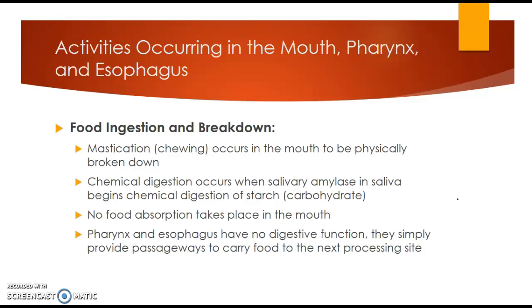For example, if you took a cracker and chewed it for an obnoxious amount of time, the salivary amylase would start to make the cracker taste really sweet because you're actually breaking it down into those simple sugars. No absorption is taking place in the mouth, but we're definitely doing, like I said, ingestion, the breakdown, and then moving the food through this area to get to the stomach. The pharynx and the esophagus, it's really just movement.